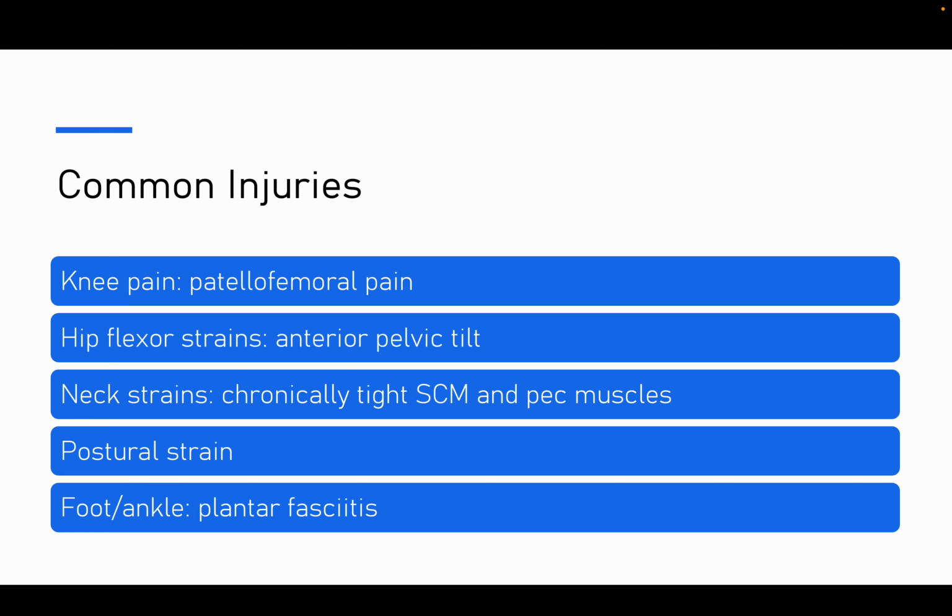Then we can see postural strains, and at the foot and ankle, you can see plantar fasciitis. And all of these common injuries can also indicate pain starting from other areas, not just from the knee. So if it's knee pain, that could also be something in your hip or in your lower leg.